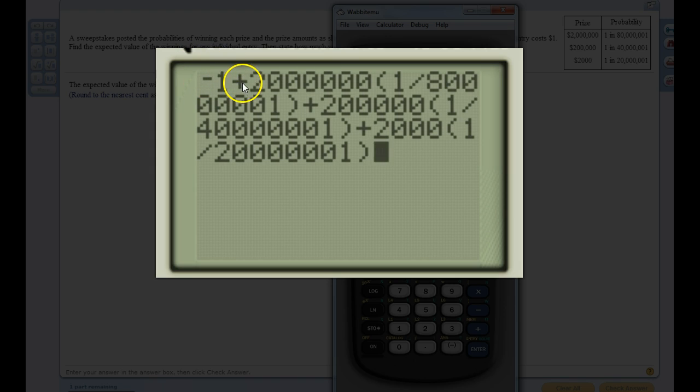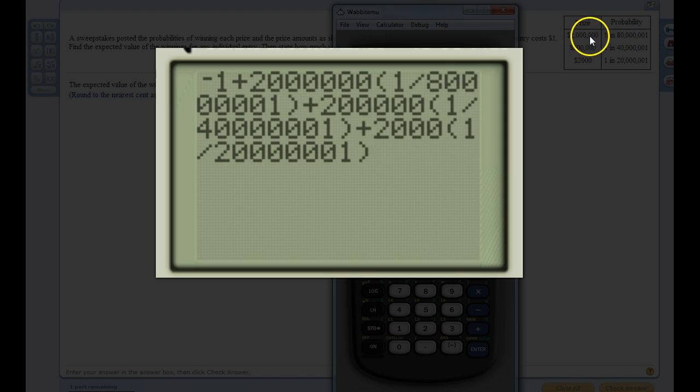You lose $1, or you win the 2 million after you've played the dollar, or you could win this amount, or you could win this amount. So everywhere you say or, when you go from one of these to the next, it's plus.